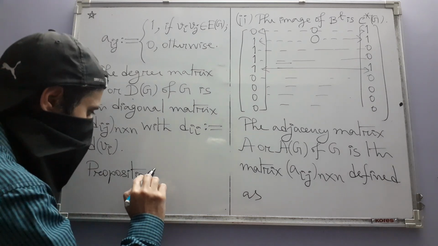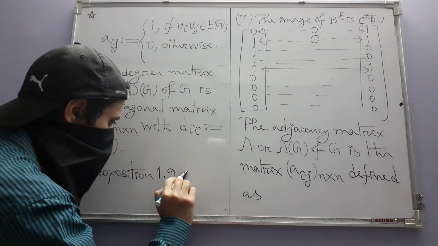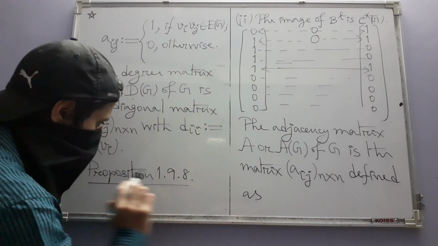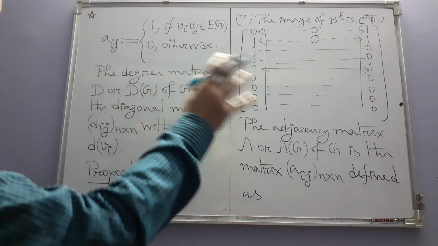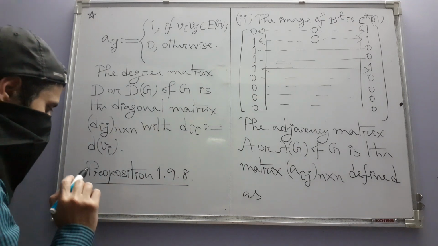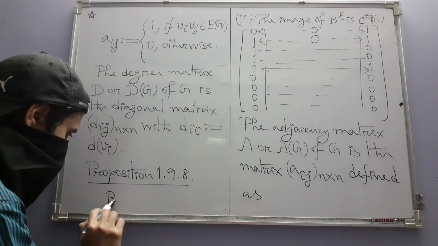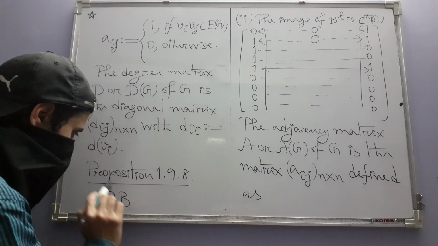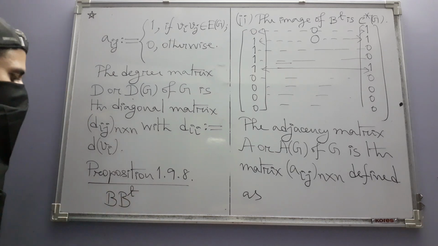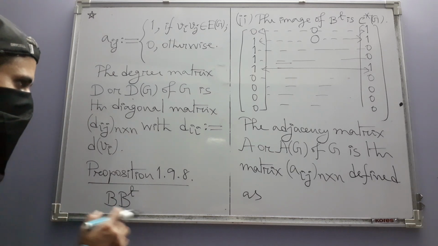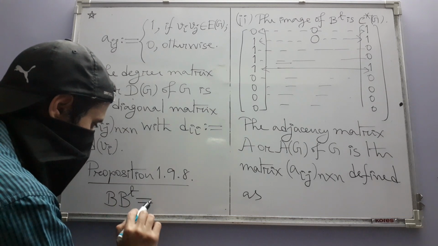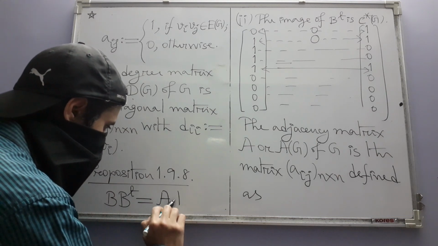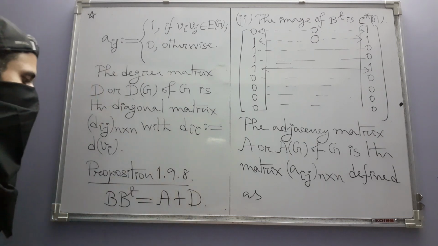This is proposition 198. In the context of whatever we are doing here, this fact is there: the incidence matrix times its transpose is equal to the adjacency matrix plus the diagonal matrix.